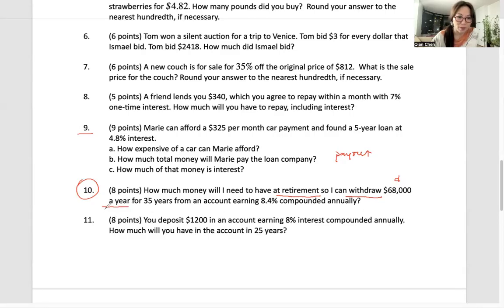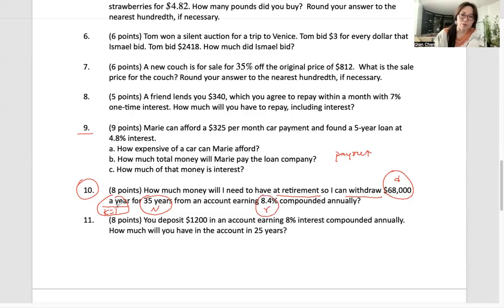Per year means K equals 1, because 1 time in 1 year. And D is the withdrawal, the little D. And this a year is K. 35 years is the N. And the 8.4% is R.